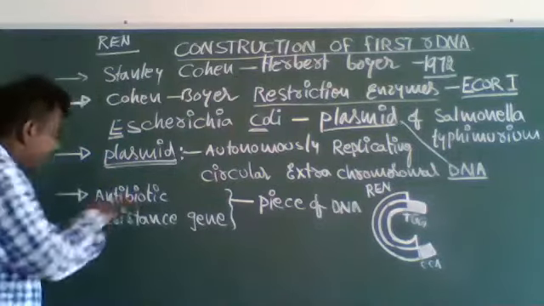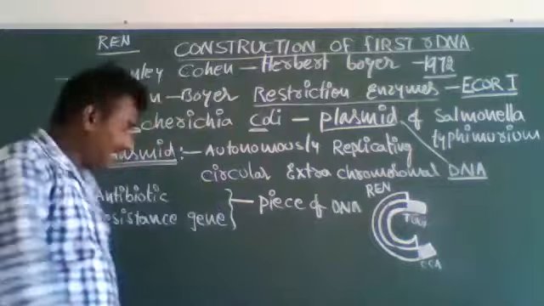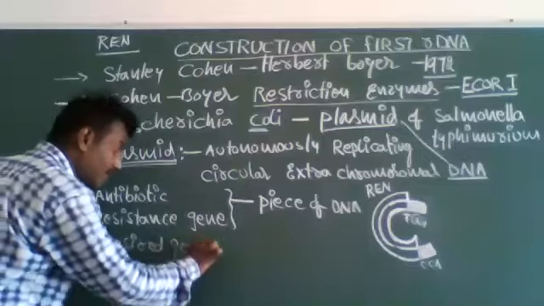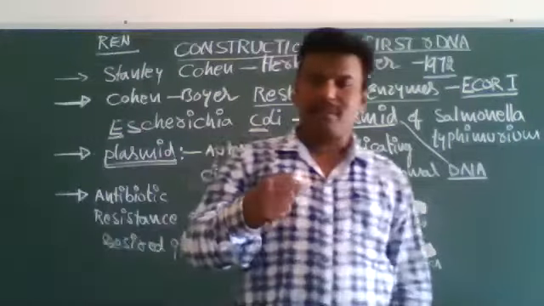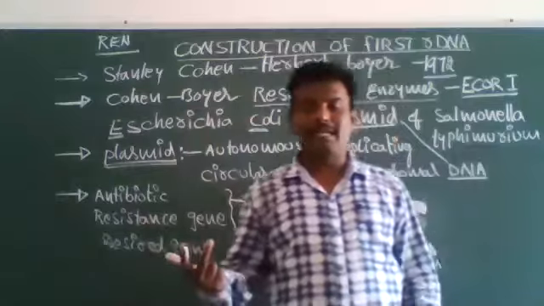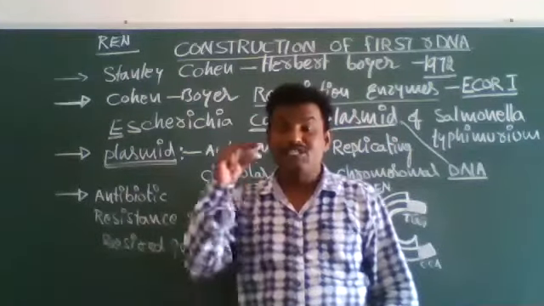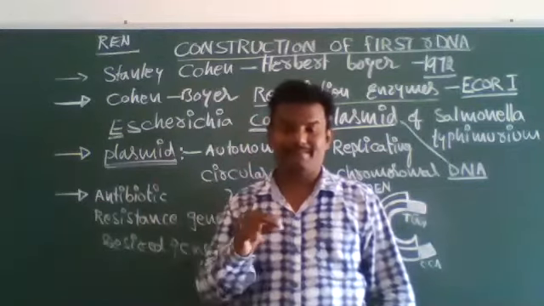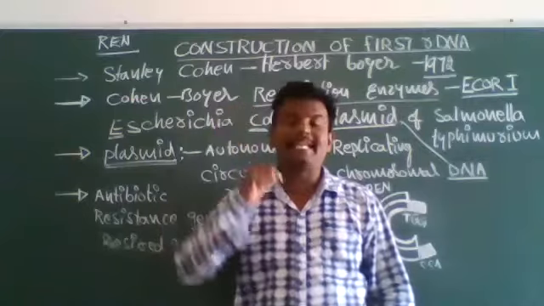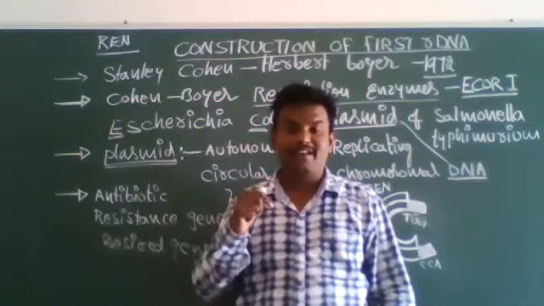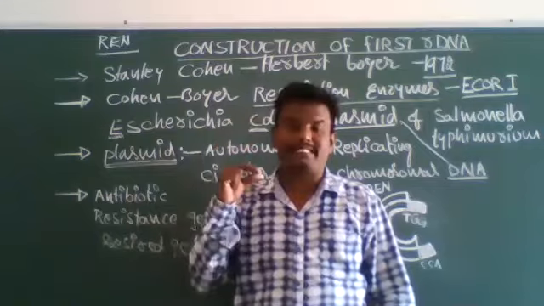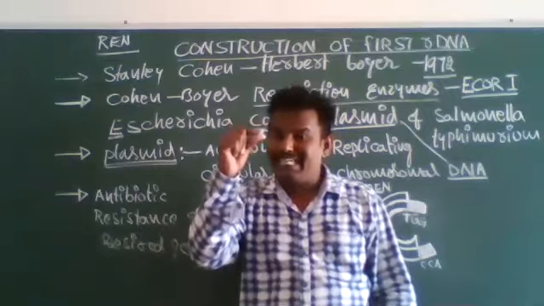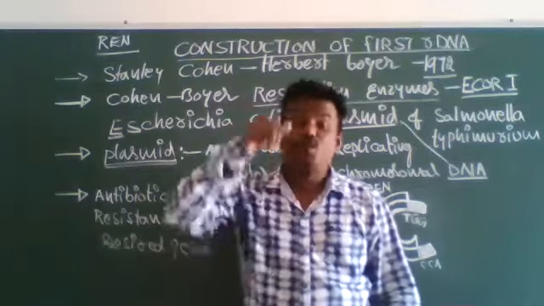Once again, the antibiotic resistance gene means the desired gene, the gene of our interest. From a plant or animal or any microorganism that is growing superiorly, the superior gene we liked, that gene we have to cut.